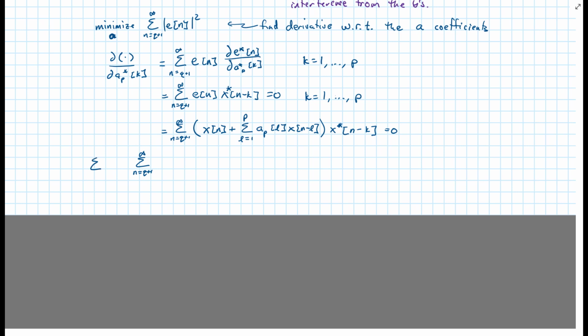Actually, this goes outside. The sum over L equals 1 to P of a_P of L times the sum of x of n minus L x star of n minus k, and we can put the x term over on the other side, giving us the sum from q plus 1 to infinity of x of n times x star of n minus k.